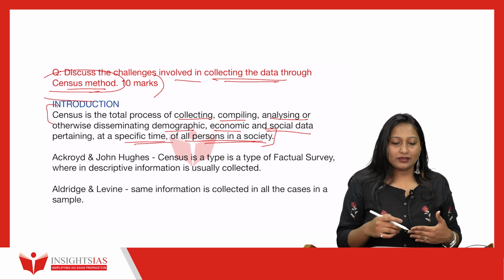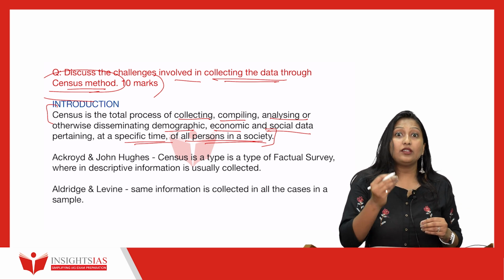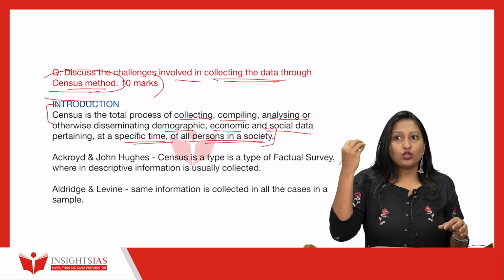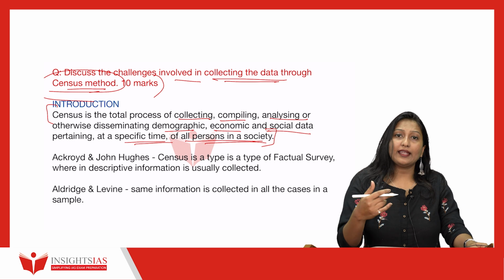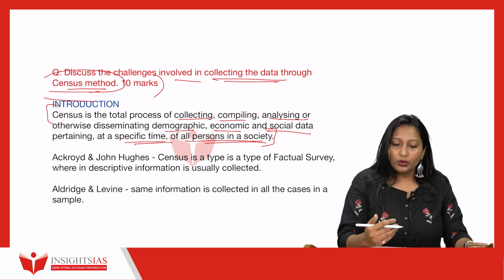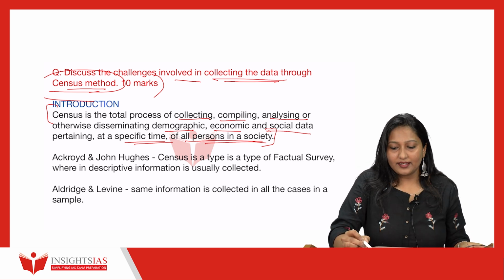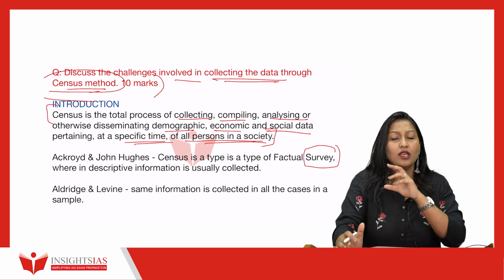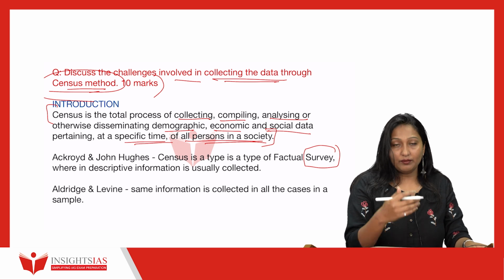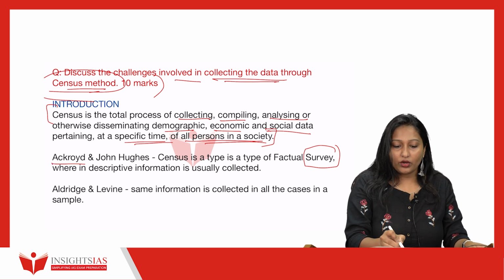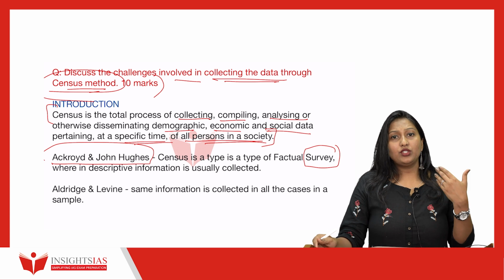Then, in case you can think of some thinker who has said something about census somewhere, then you can write about that. We have studied survey method. It is there in our syllabus. In survey method, there are thinkers. I have taken Ackroyd and John Hugh.